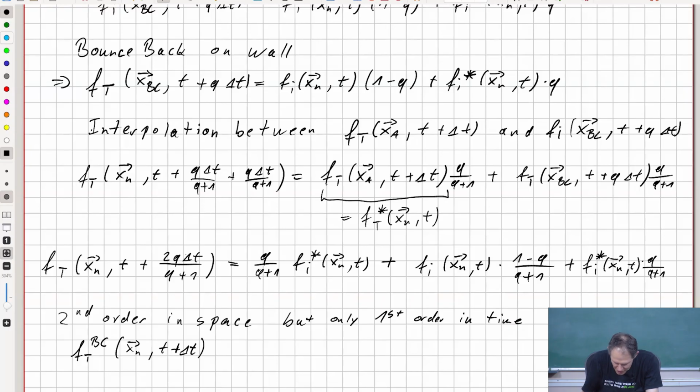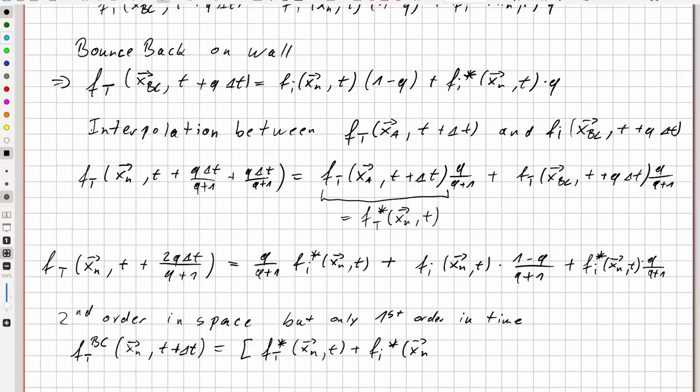the over next time step that this becomes F_i bar after collision at x_n and t, plus F_i after collision at x_n and t, times q divided by q plus 1, plus F_i at x_n and t, so this is the pre-collision state, times 1 minus q divided by q plus 1.